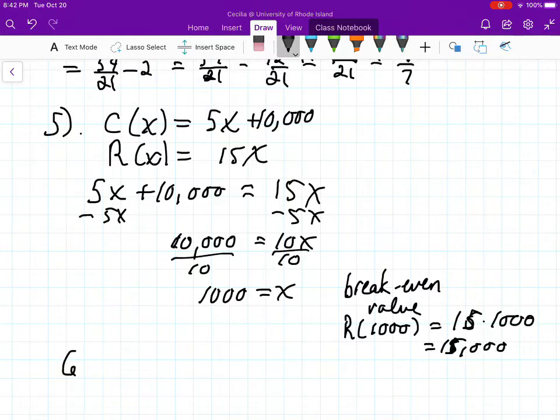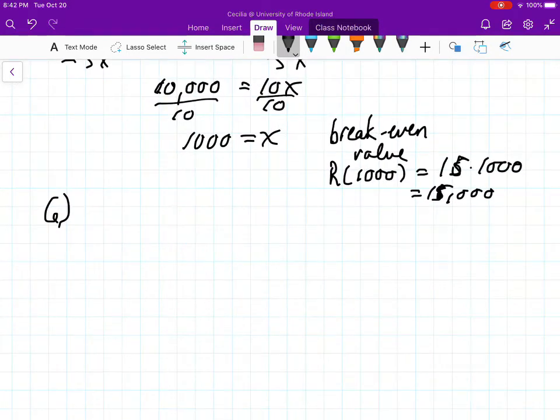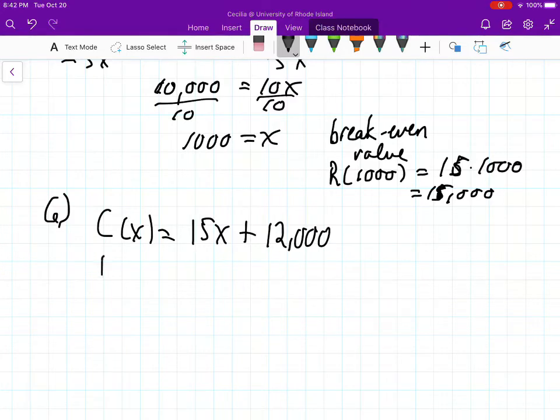All right, let's go on to problem 6, which is a similar problem. Just gives us a little bit more practice. So here our cost function is 15x plus 12,000, and our revenue function is given by 21x. All right, so now to find the break-even point, we need to set these equal to each other.